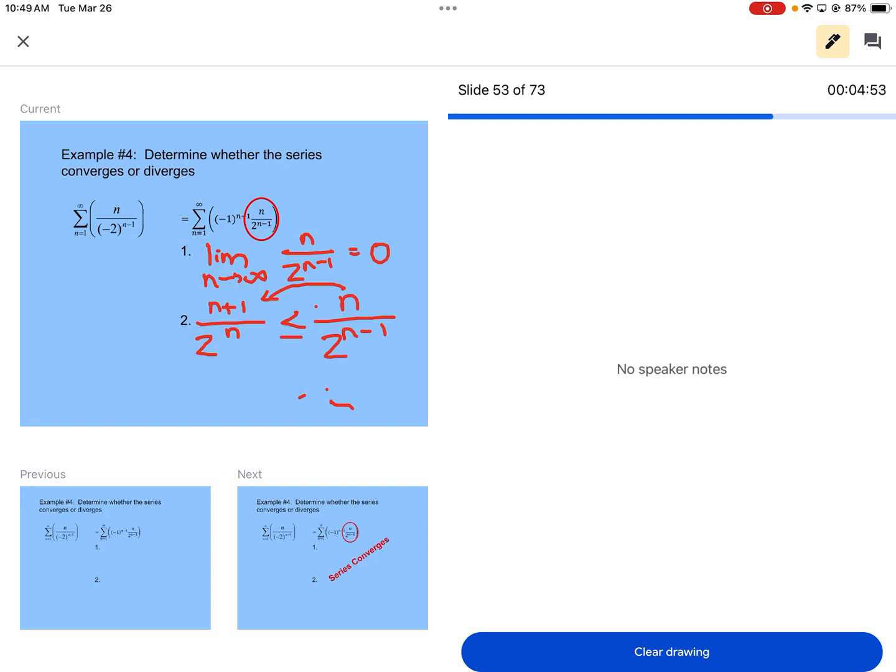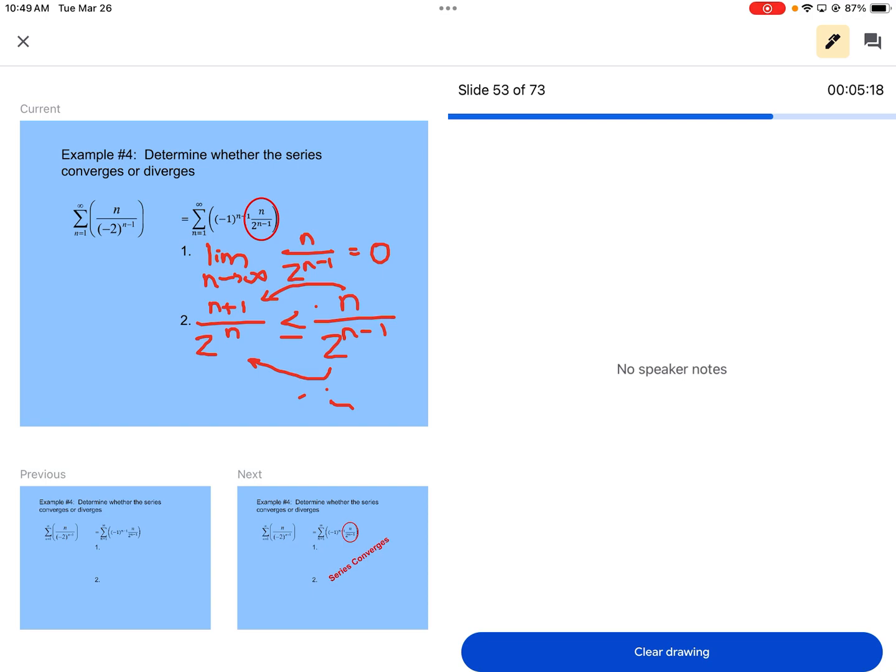You're adding 1 to it. But think about it going from this one to this one. We're getting divided by 2. So like going from 2 to the n minus 1 to 2 to the n, you're multiplying by another power of 2. So isn't the bottom increasing much more than the top is when you add 1? So that is truly smaller then, yes?